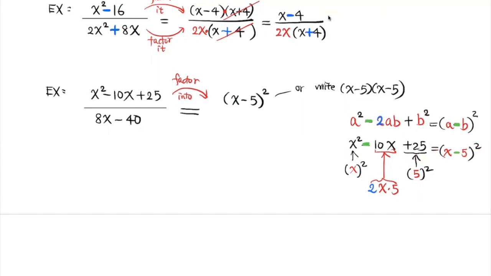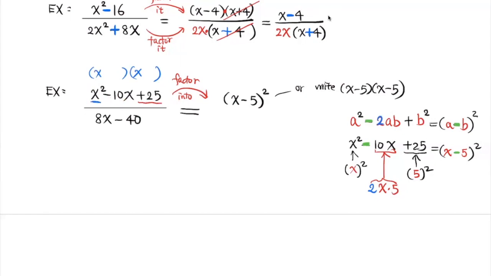Now, if you don't recognize that as a perfect square, you can also use trial and error to factor this. The way that we do it is this. The x squared is going to factor into x times x. You think about two numbers that multiply to get 25 and sum up to negative 10.